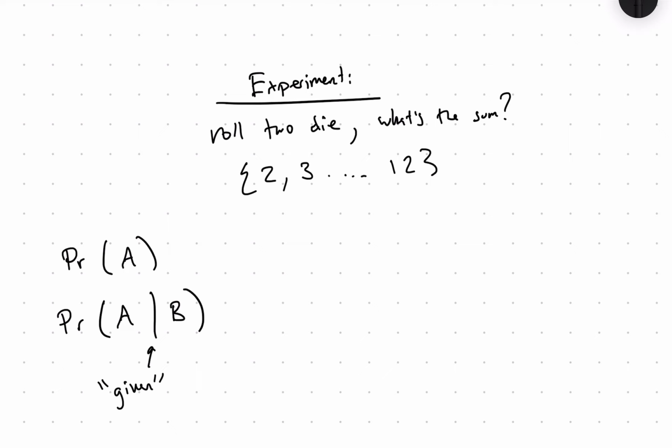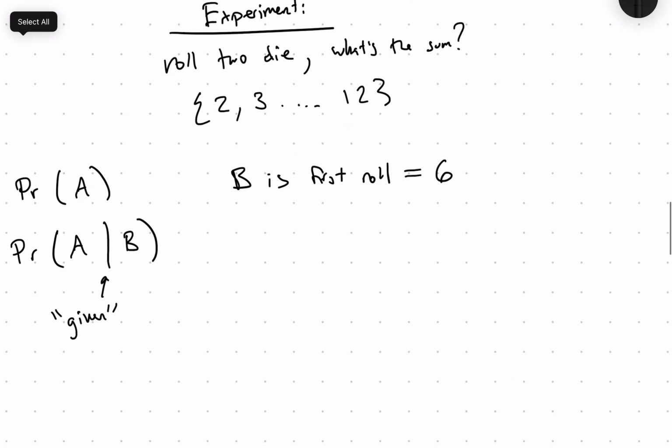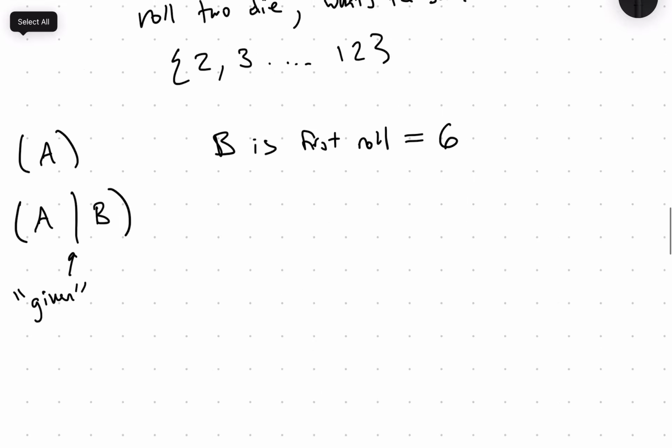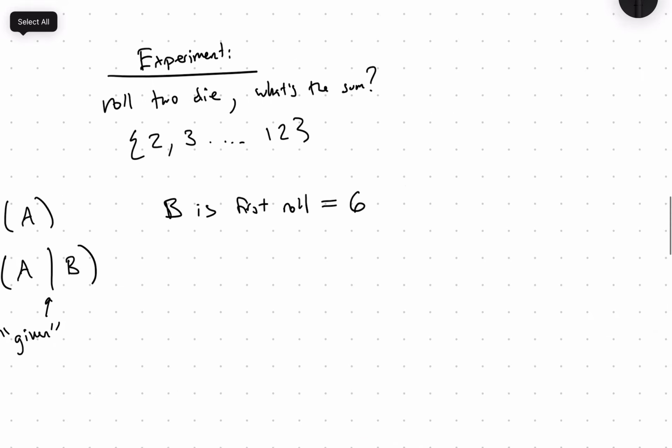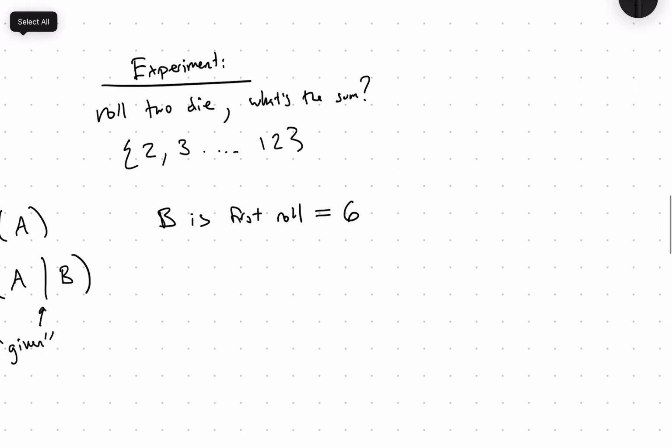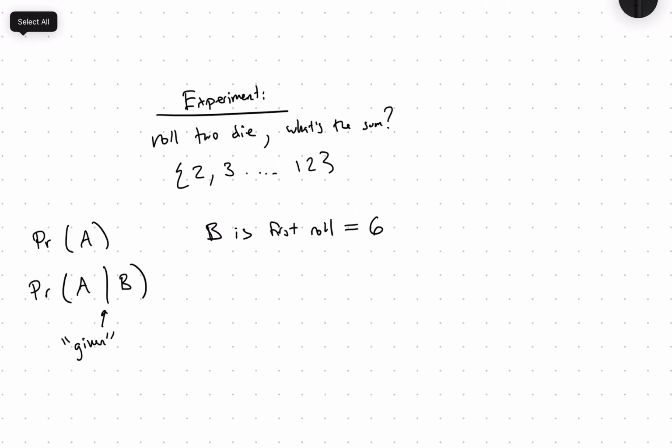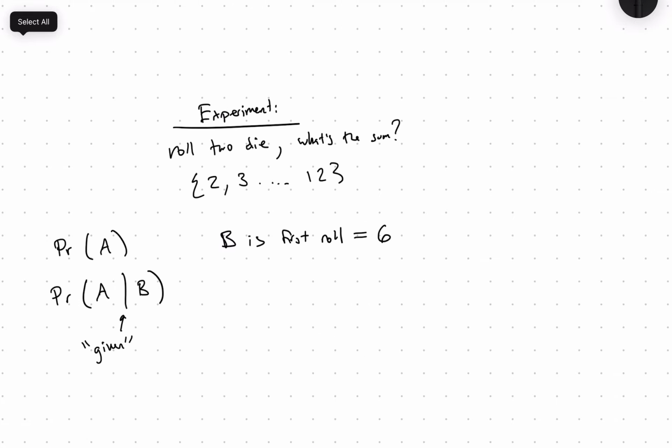So B is the first roll, and I'm just going to tell you that it equals a 6. That means we are now stepping into the world where the sum has to be greater than 6, right? Because the next roll is going to be a 1 plus. So the total sum has to be something from 7 to 12.